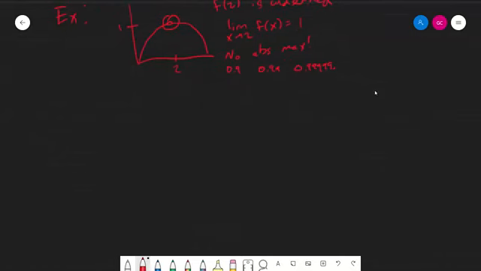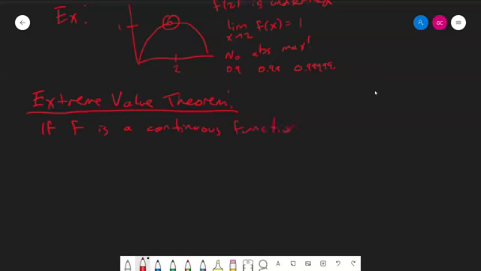It turns out that there's a theorem called the extreme value theorem, which says that if f is a continuous function on the closed interval from a to b, then it is guaranteed that f has an absolute maximum and an absolute minimum on that interval.